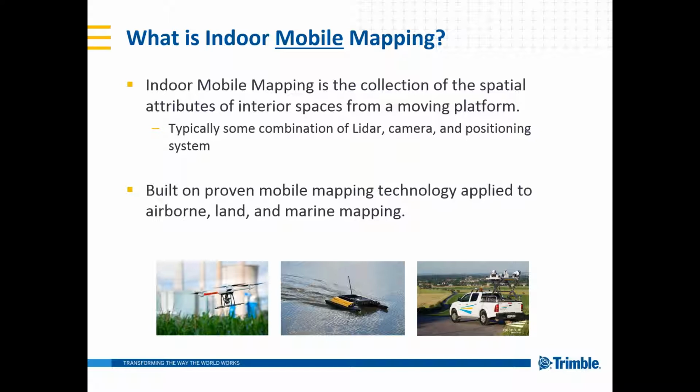And this isn't really a new technology. Mobile mapping itself has been around for a couple of decades now, usually applied to aerial mapping, land mapping, even hydrography is done with a mobile mapping sense. And it's really about direct georeferencing. We're talking about taking a sensor and directly georeferencing the data. Maybe there's some steps to clean it up after the fact, but that's really the technology we're talking about here.